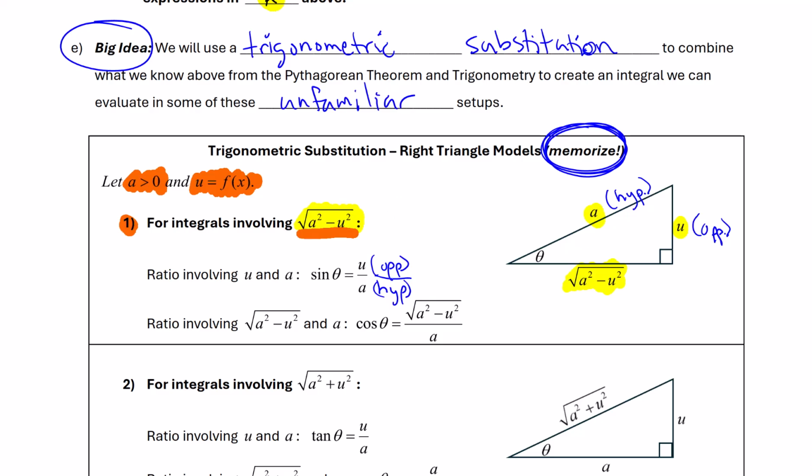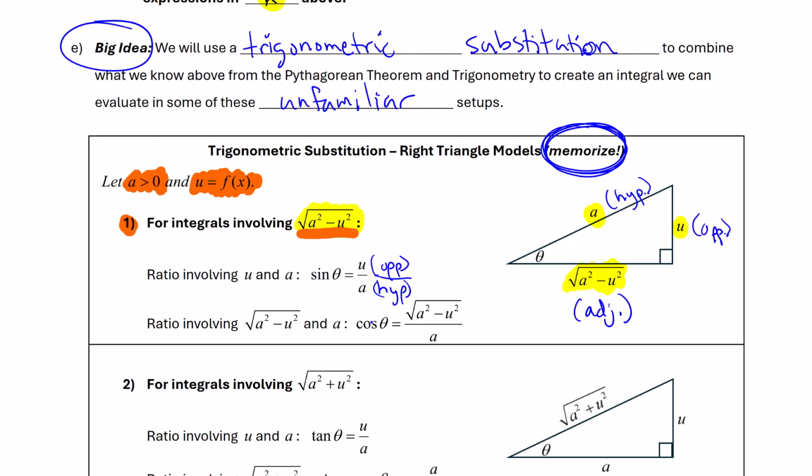If you want to make a ratio involving that expression and the side a, well, again, notice in our triangle where we have theta in the bottom left corner, this time the root in the bottom horizontal leg would be the adjacent side in relation to where theta is. It's right next to it. And again, going back to trigonometry, adjacent is one of our three useful side labels for these trig ratios.